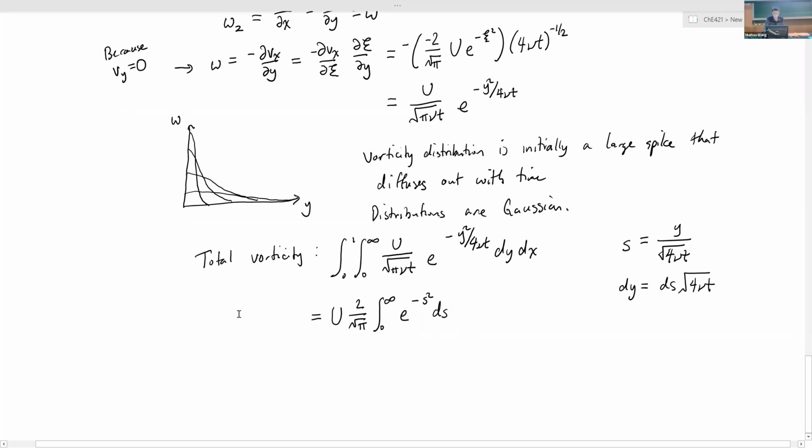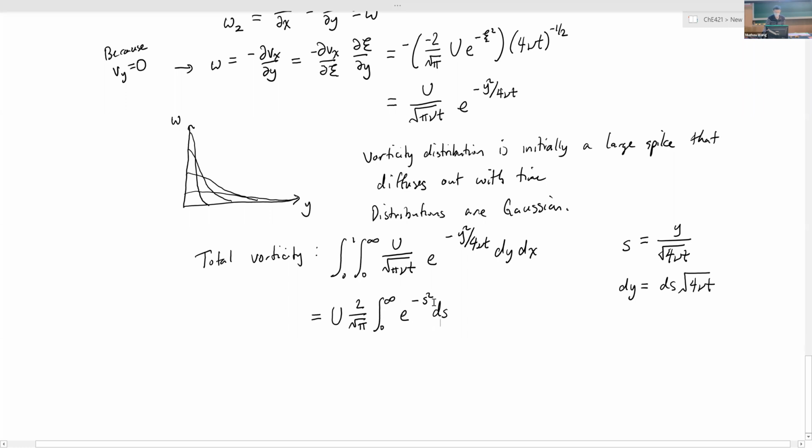Because this guy right here is just s squared, and my dy now has a square root of 4 nu t coming out. That's ds square root of 4 nu t. That square root of nu t cancels with this square root of nu t. The square root of 4 gives me this 2, and then I have the square root of pi on the bottom, and the u comes out in the front as well.